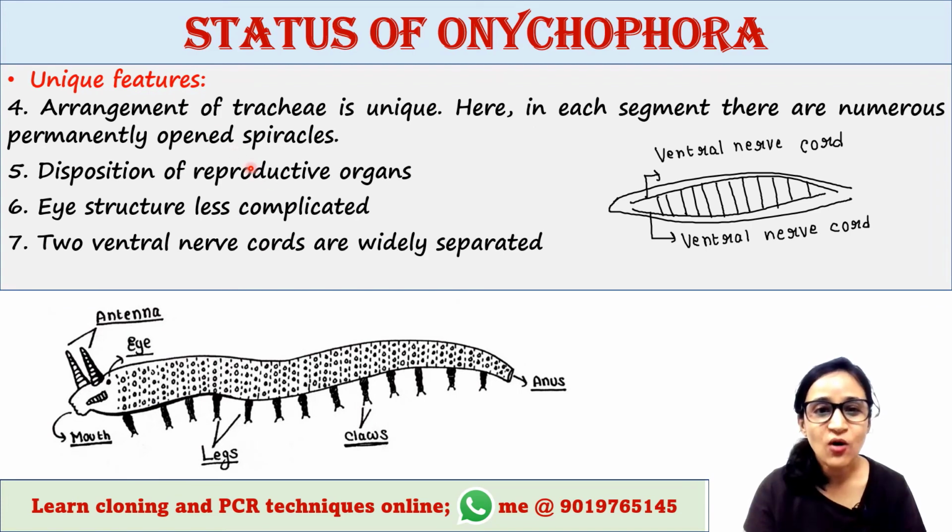And the arrangement of trachea is unique here. In each segment there are numerous permanently open spiracles. The trachea is their respiratory organ, and in each segment of their body they have numerous permanently open spiracles.